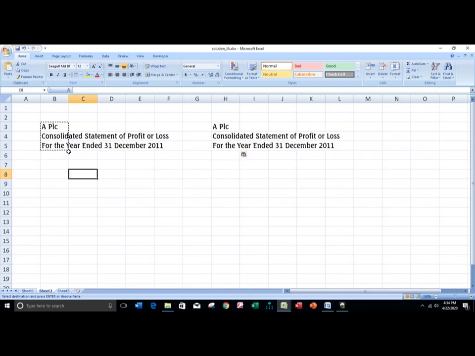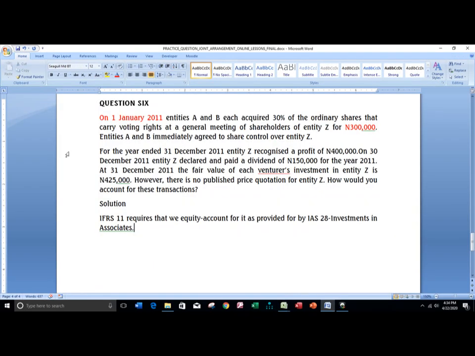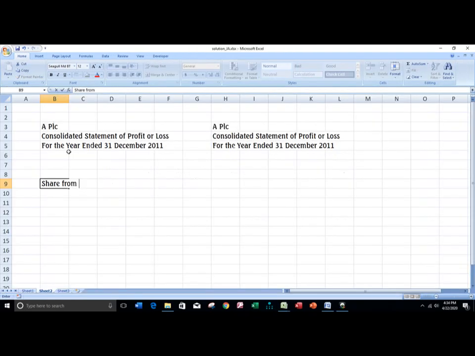Here, just bring in one line: share from joint venture. What's the joint venture? What's the name? Entity Z. Share of profit from Z. That's the only thing that we'll bring out here.